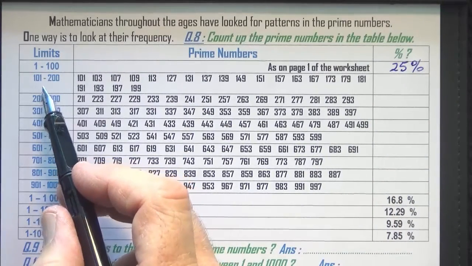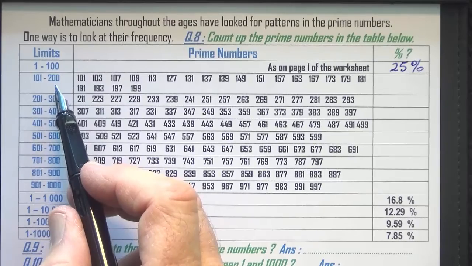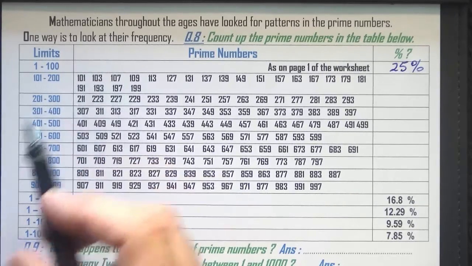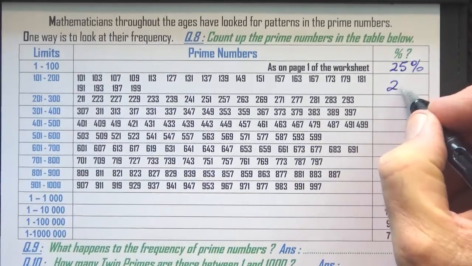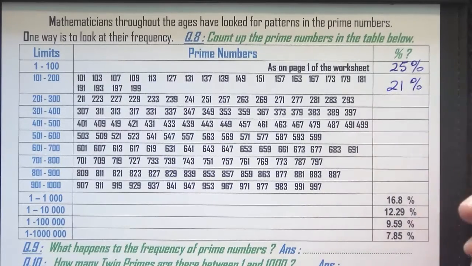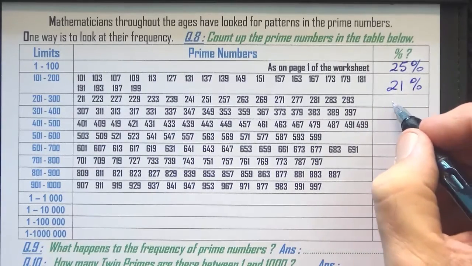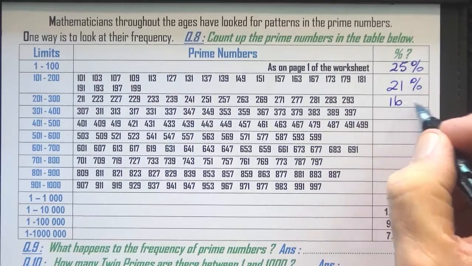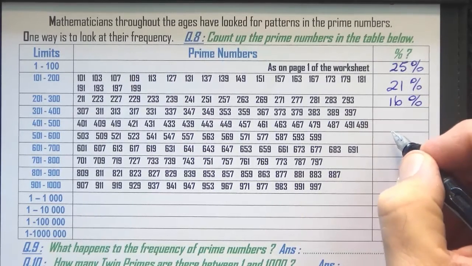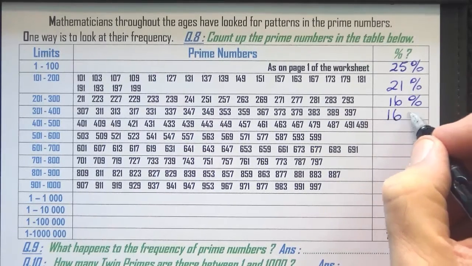Now here are the numbers between 101 and 200, and if we count them up, we find there's 21. In the next 100, there's 16. And the 100 after that, 16 again.